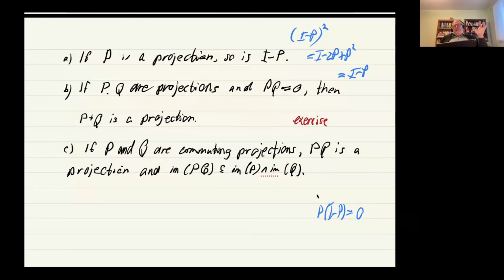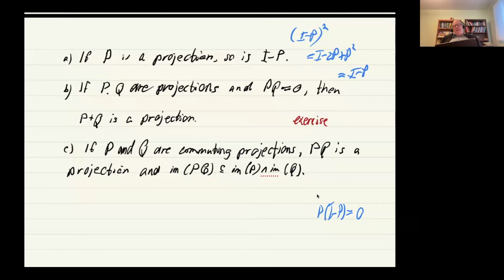But there's nothing I can do. I can apologize, but it's not my fault. So if two projections are orthogonal, we're just saying that their product is 0, and so P and I minus P are orthogonal projections. If you think about it long enough, you can give a geometric description, but it's not worth the trouble. And there are a few facts about commuting projections, which I don't think I'll worry about.